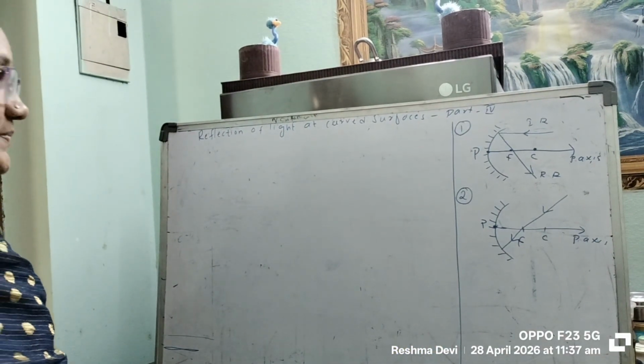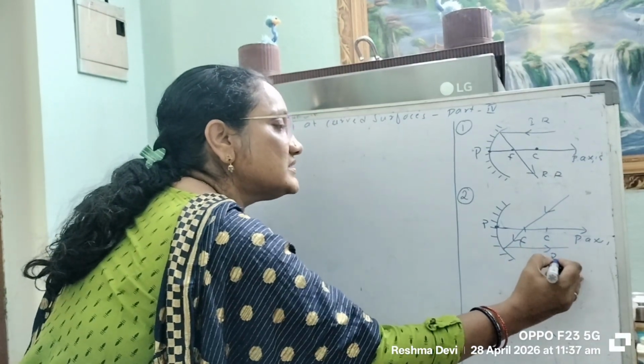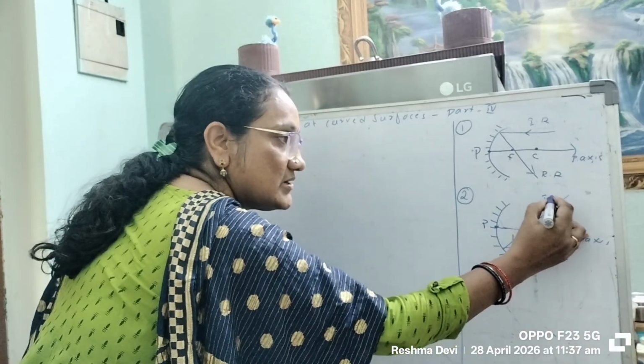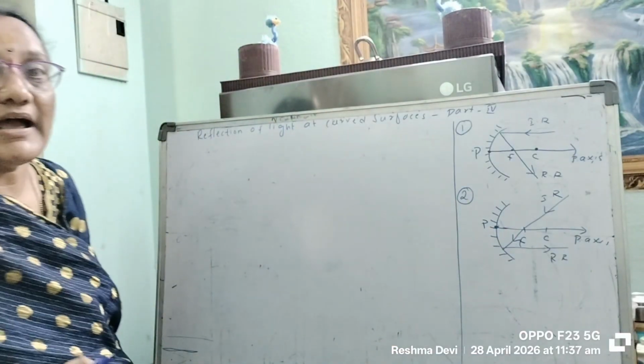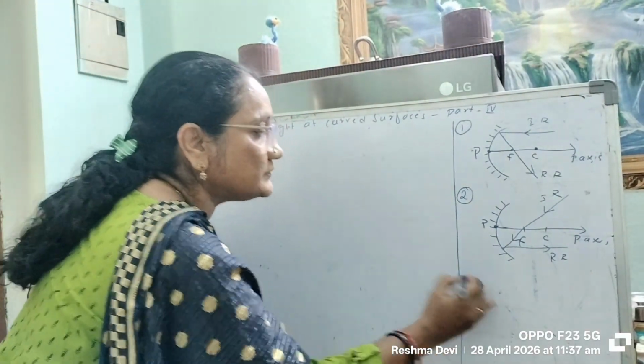The light rays which pass through the focus, after reflection, travel parallel to the principal axis. This is the incident ray and the reflected ray.